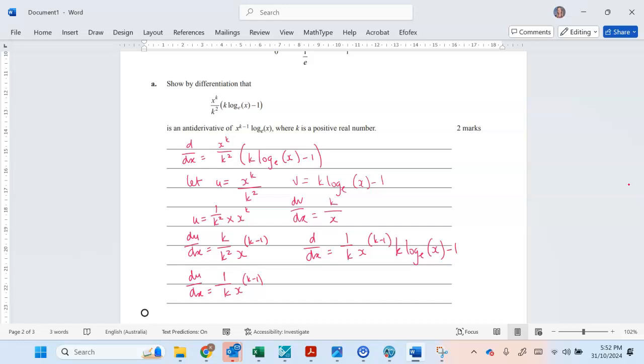And I did it around the wrong way, but that's okay because we do add them together, but let me just be consistent with the formula sheet. So I did du dx times v. It actually doesn't matter because you're adding them. All right, we've got to do u times dv dx plus v times du dx.